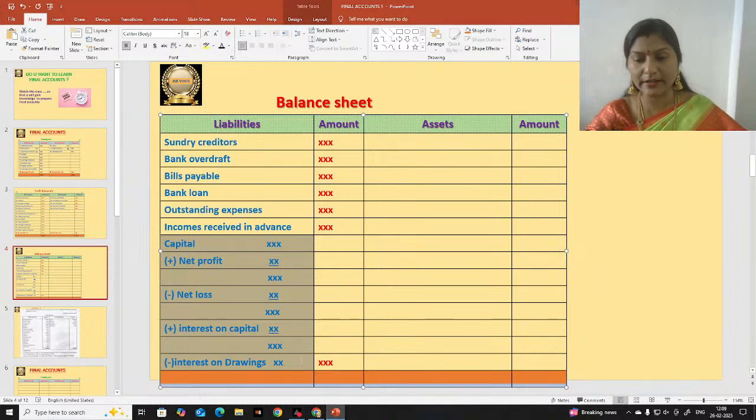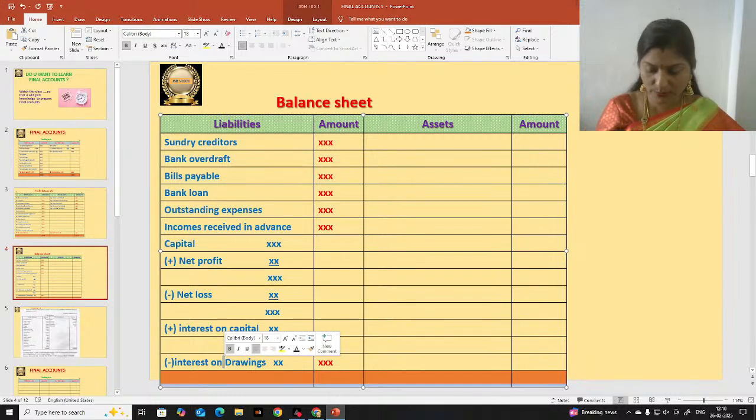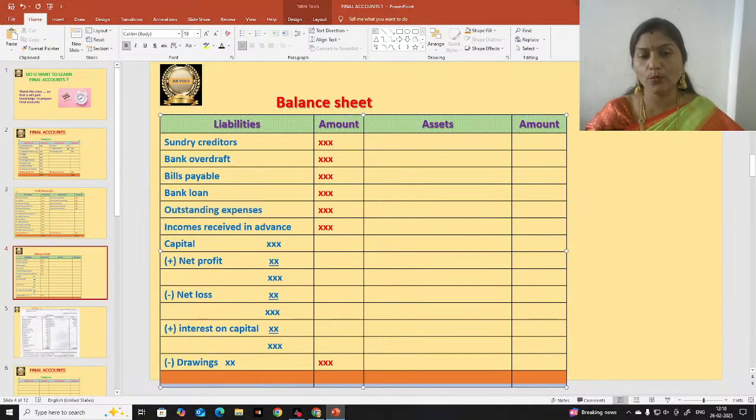Here I am not writing it, but drawings and interest on drawings, both we are going to deduct from capital. Interest on drawings will appear fewer times, but drawings appear regularly. But both we have to deduct from capital.